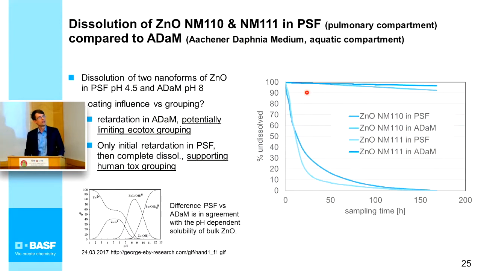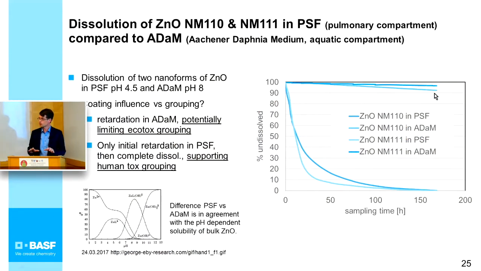And interestingly, the coating does essentially nothing in the very acidic medium. There's a minimum retardation of just 2 hours or so, so that's not relevant. So coating does not prevent grouping for pulmonary fate. But the coating does have a significant effect in the ecological situation, where it takes much longer for the coated material to dissolve, and that's quite significant.